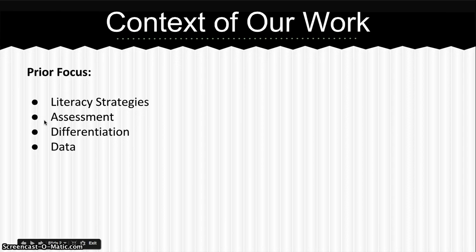Some of the big ideas there were content, process, and product, and how you differentiate in a mixed ability classroom, which in essence a lot of classrooms are, even if they're labeled honors or AP, because some students are at different levels even in honors classes. So really honing in on that differentiation piece.